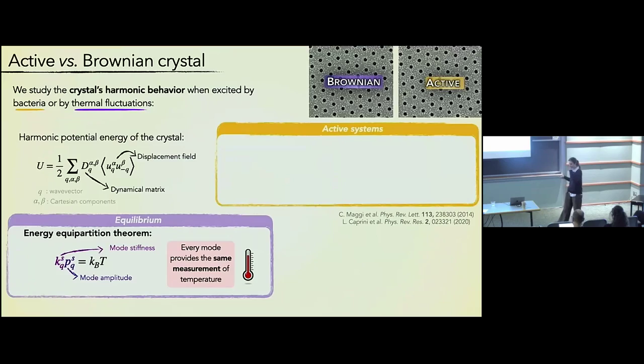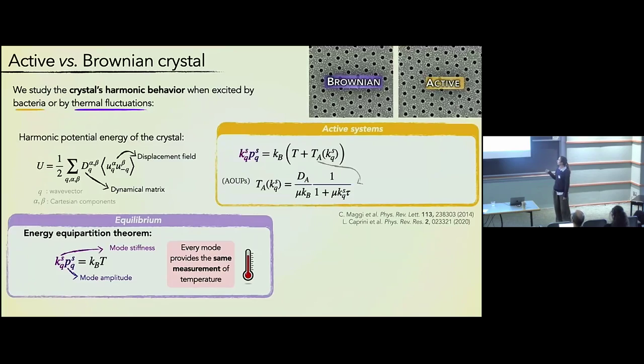However, it was studied and predicted by some purely theoretical work that this does not happen. This is not the same in active systems. Specifically in active Wilson-Nuremberg, they proposed a generalization. So what we do is introduce a term that we call active temperature, that does depend on the mode, right?